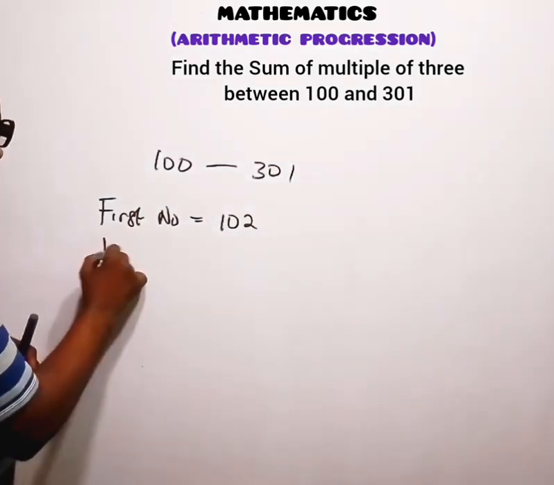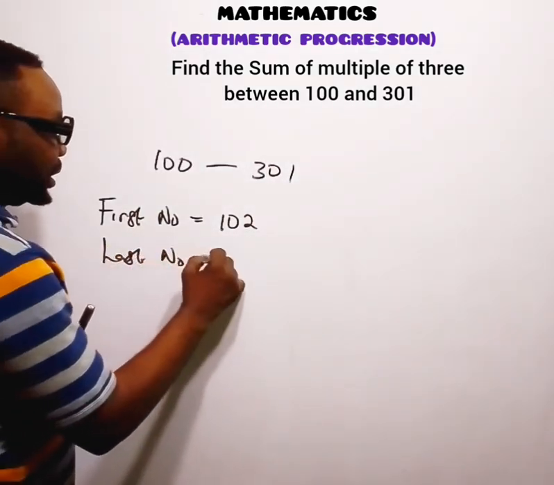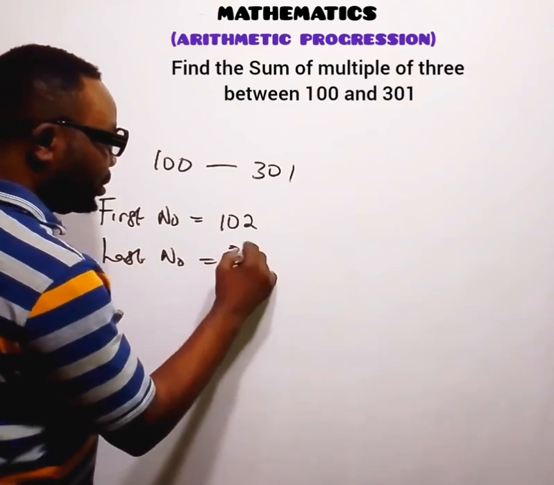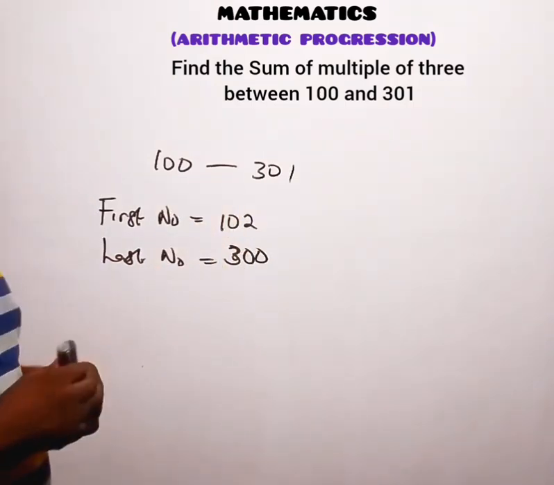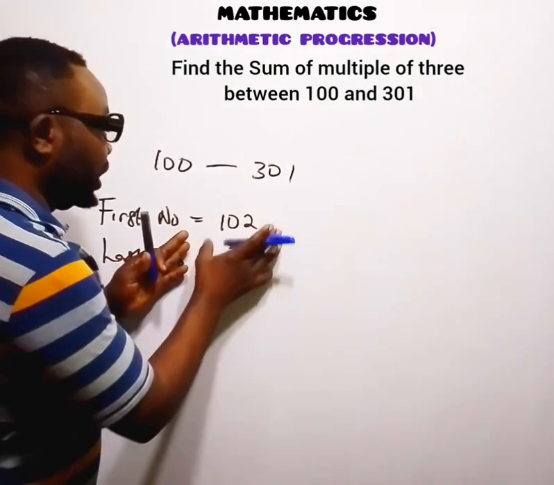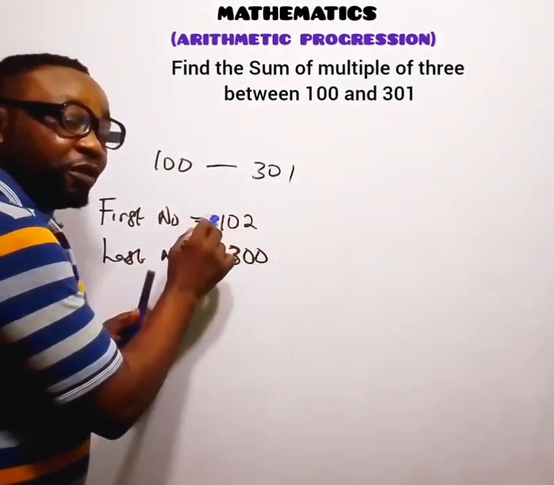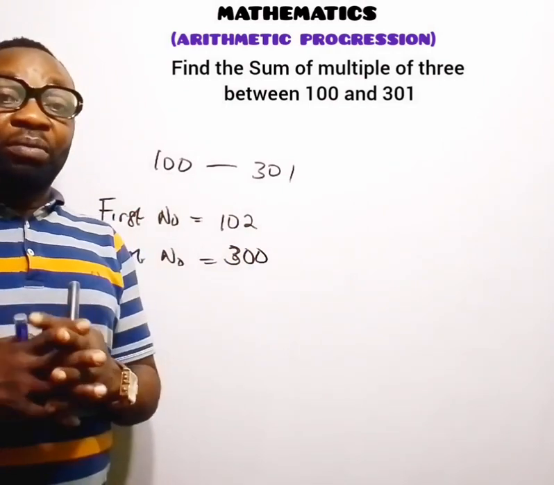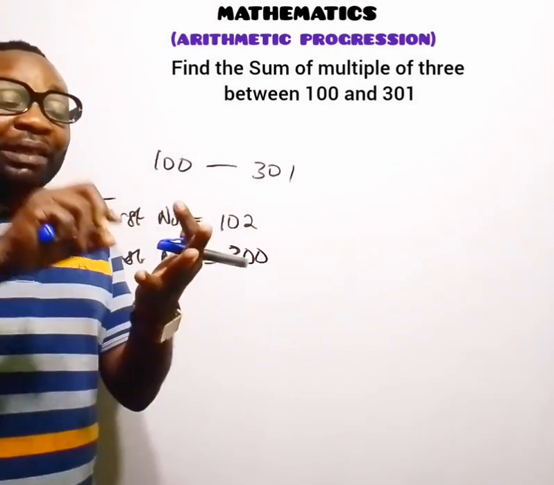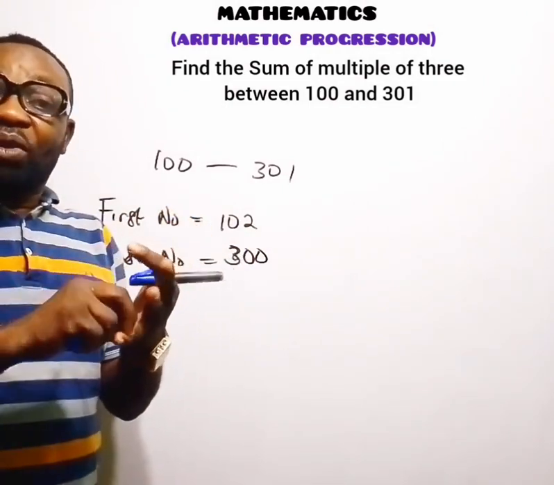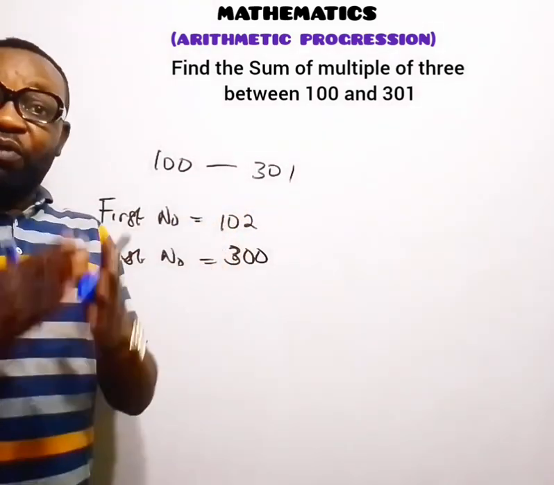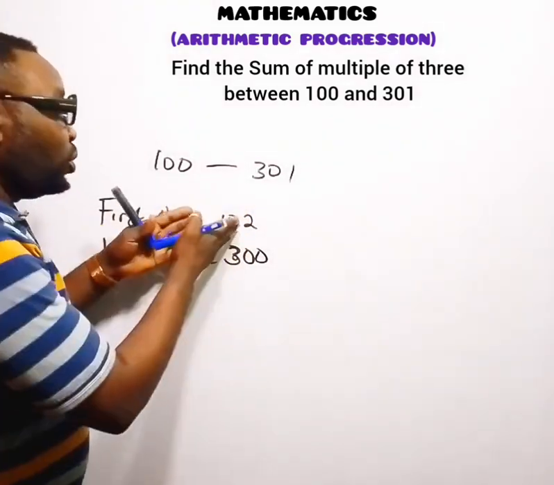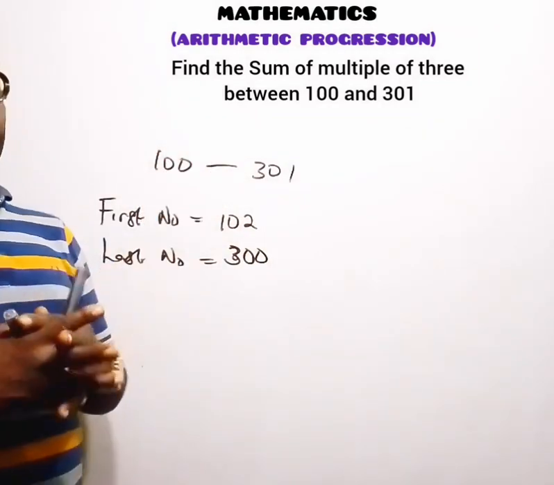So the last number is equal to 300. This is the first number and this is the last number. We can only pick those two numbers. From that, we are going to know the number of multiples of 3, those values that can be multiplied by 3.